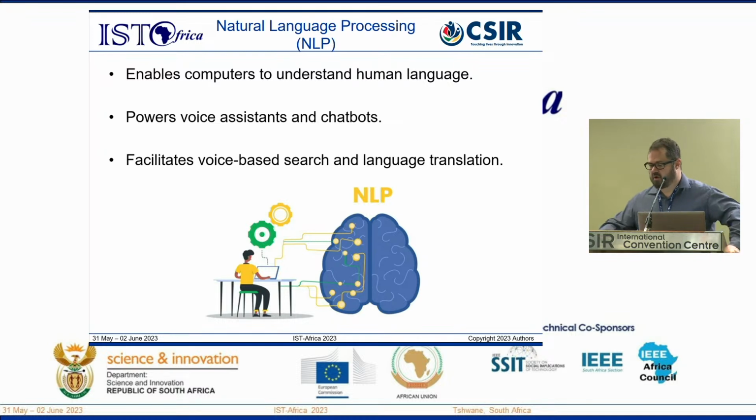And it's a technology that interacts or assists with interaction between humans and computers. So NLP enables machines to understand what we say and to extract intent from what we say and the data from what we are saying.